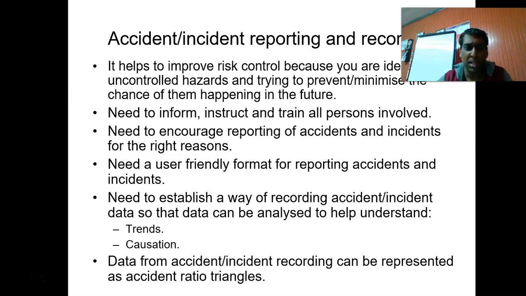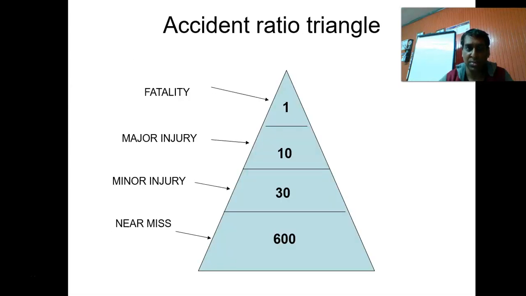Whereas some companies may never have had a fatality or a major injury, but they would be having near misses on a regular basis, right? So the idea here is don't wait to record only the major accidents or the fatalities, but begin on a monthly basis checking how many near misses you are having, how many minor injuries.